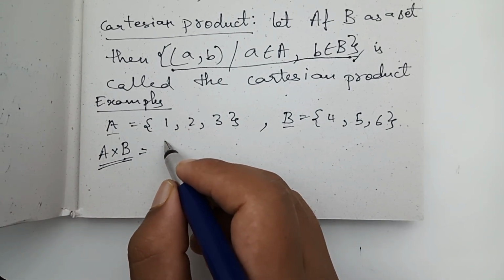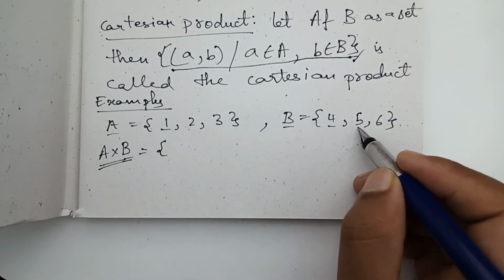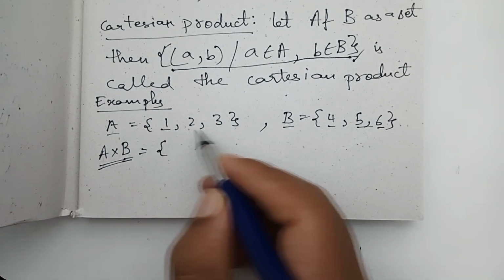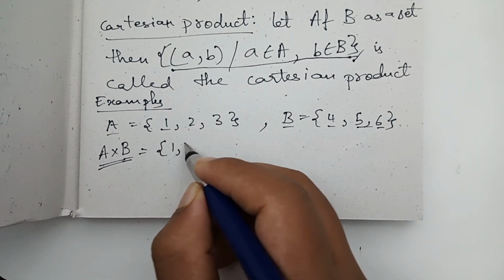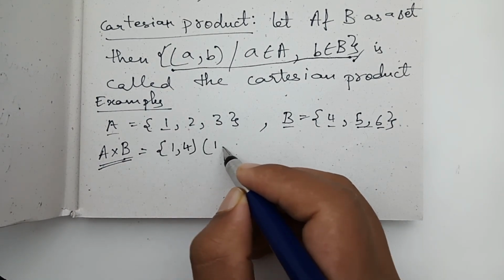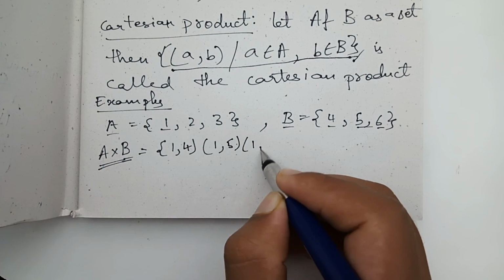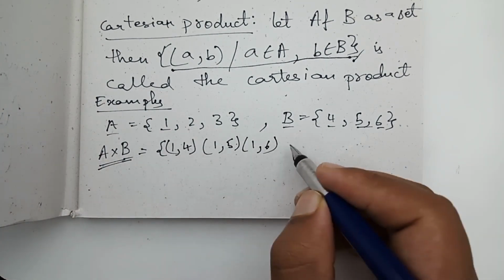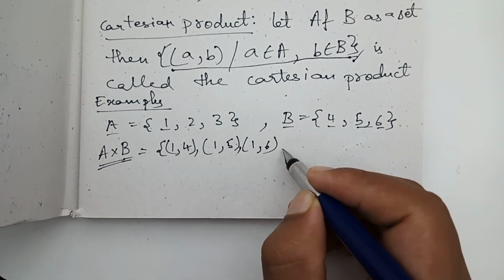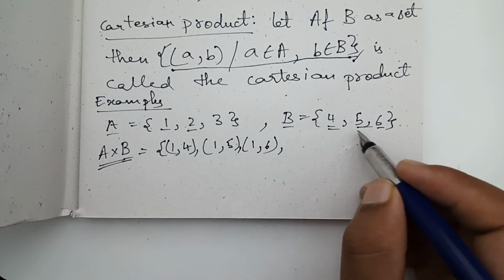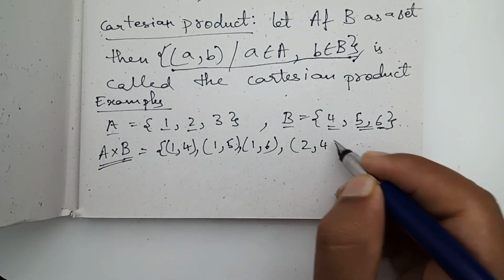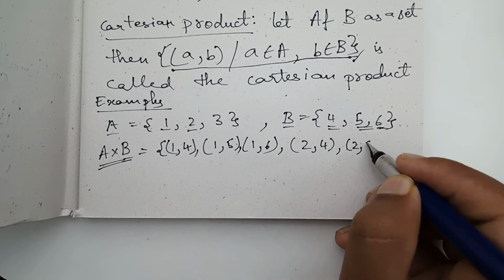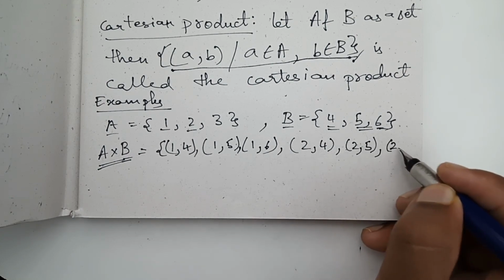Now the answer will be: first one with these three, 1 comma 4, then 1 comma 5, then 1 comma 6. Then the second one with all three: 2 comma 4, 2 comma 5, 2 comma 6.